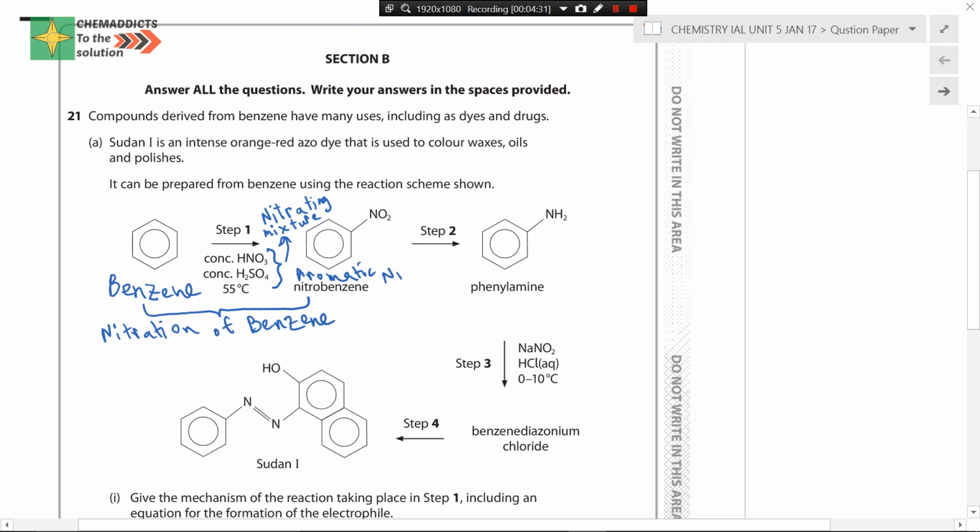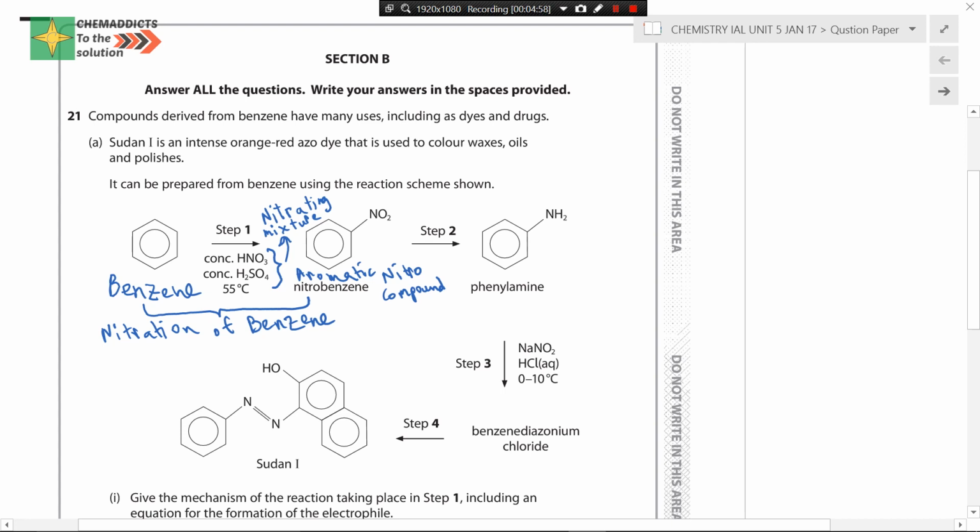So nitrobenzene is the aromatic nitro compound. Well, this is the first part of the reaction scheme.